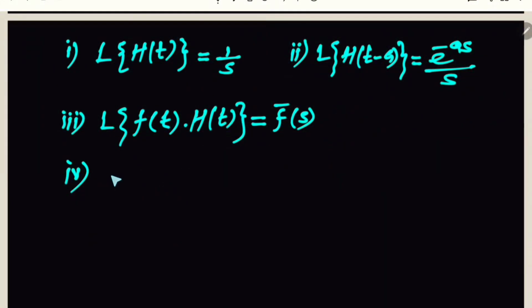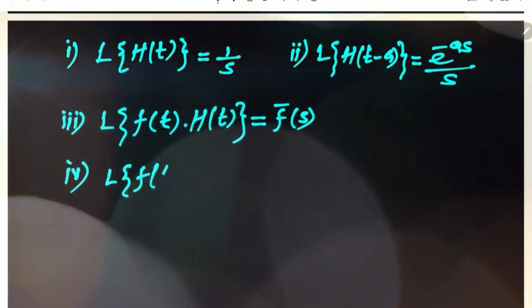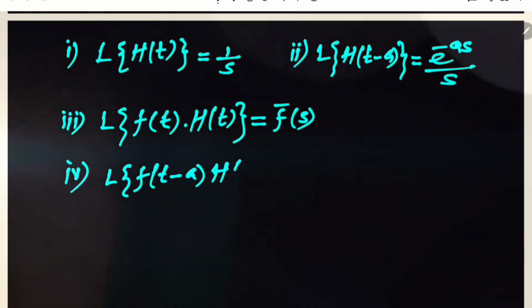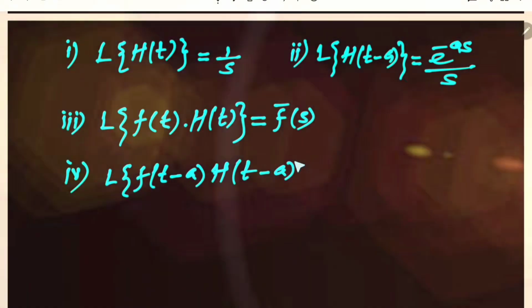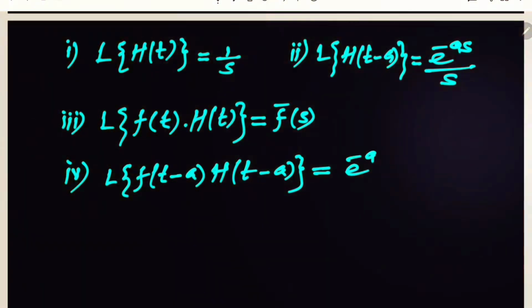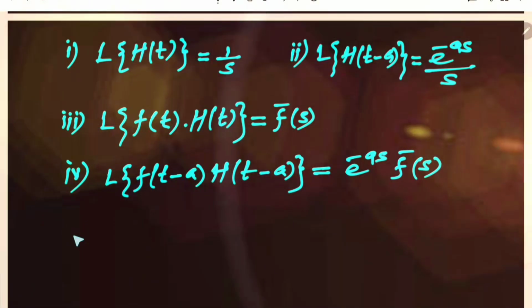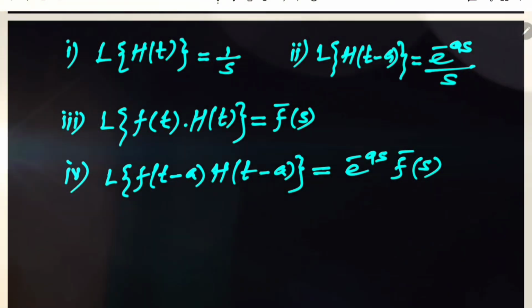Fourth result, Laplace transform of f of t minus a into h of t minus a as e raised to minus as into f bar of s, and using this we write down another result.